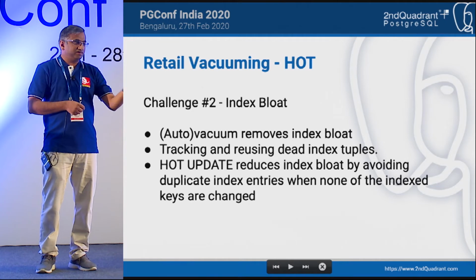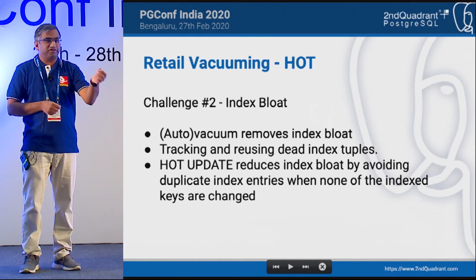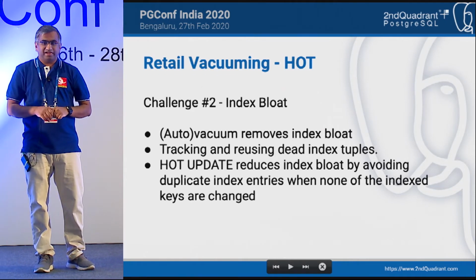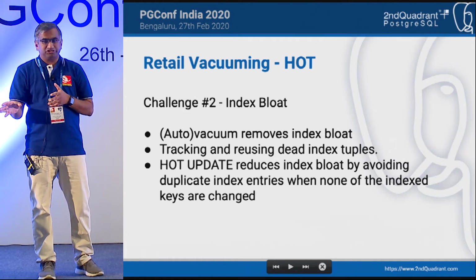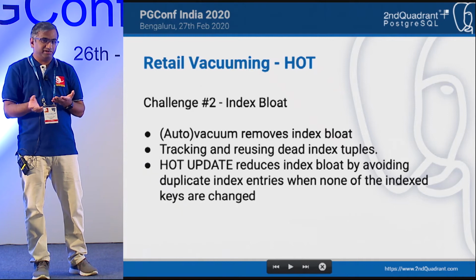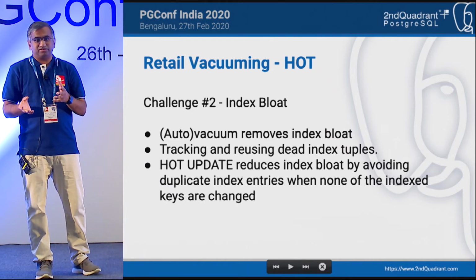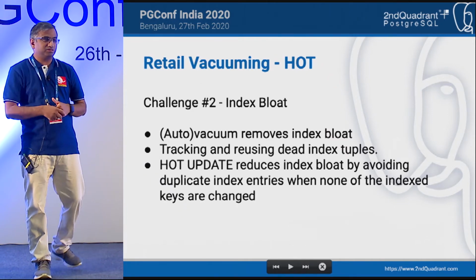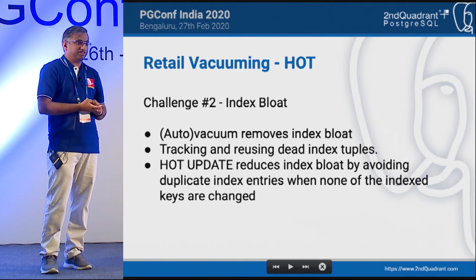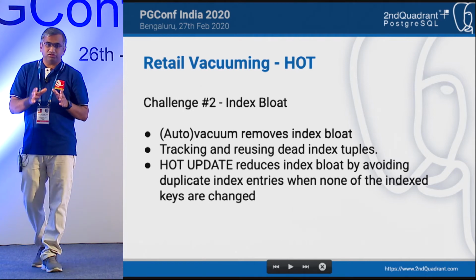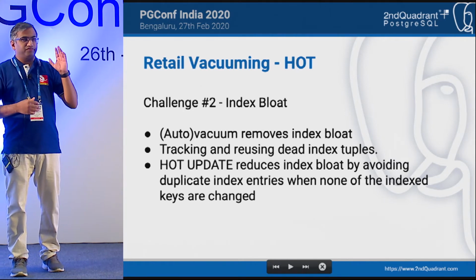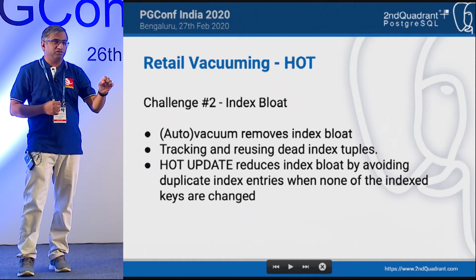The other challenge was about index bloat, and as I said, we insert new index pointers for every update, and this happens in every index on the table. We solved that partially by something called heap only tuple, or HOT, and quite incidentally, I was the person who wrote that feature like 15 years back, maybe 13 years back. The idea was to reduce the number of index updates that you need to do.